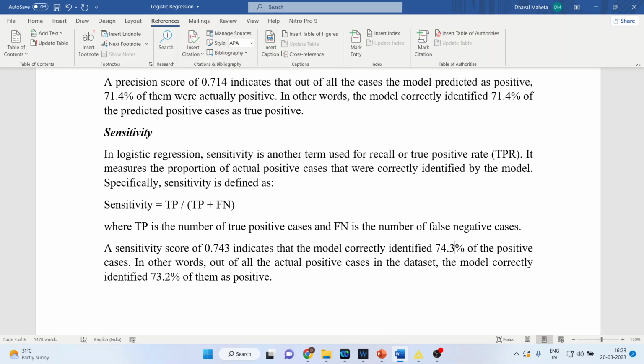So sensitivity is true positive divided by true positive plus false negative. A sensitivity score of 0.74 indicates that a model correctly identified 74.3 percentage of the positive cases. In other words, out of the actual positive cases in the data sets, the model correctly identified 74.3 percentage of them as positive.